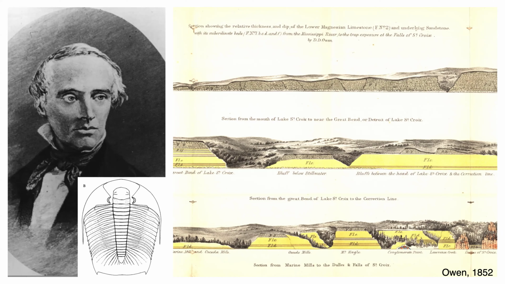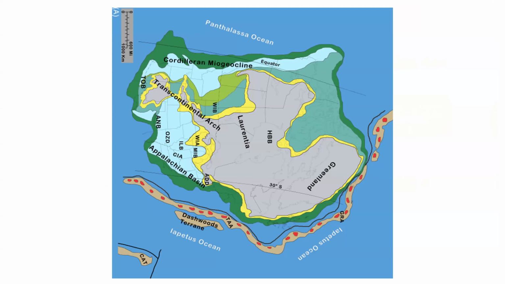Next slide, please. At that time, North America was tilted at 90 degrees from its present orientation, and the equator was running through it. Here we are today, somewhere here, and exposed land was this gray color.